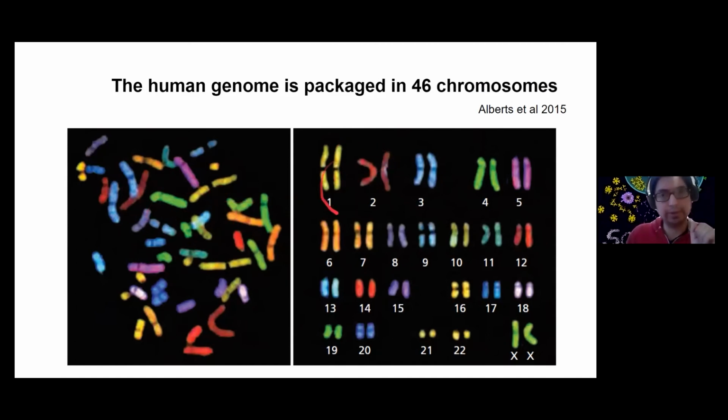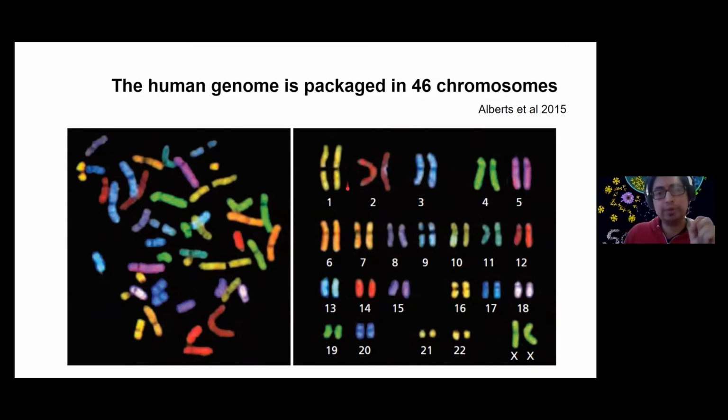And then once you arrange them artificially, this is how they look on the left from a lysed nucleus. But once you arrange them artificially, you can call this a karyotype. And you can see that there are 2 of each chromosome. This is chromosome 1 because it's labeled in yellow with that probe. And then there is chromosome 2, which is labeled in red, and so on.